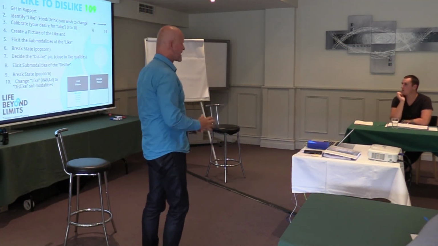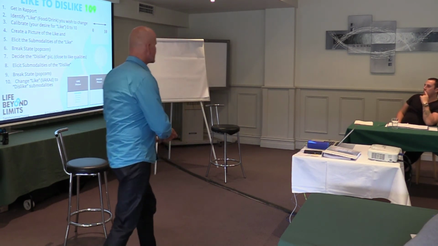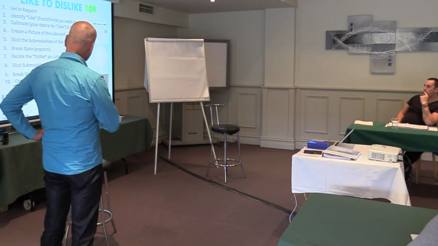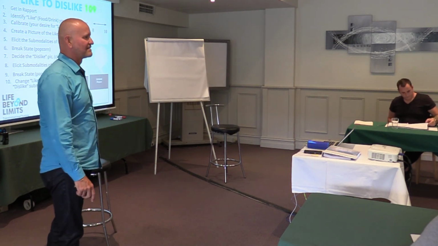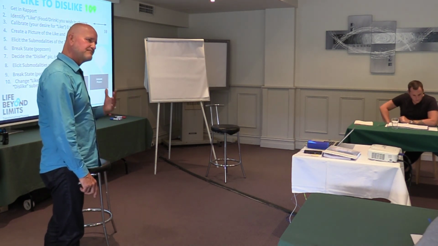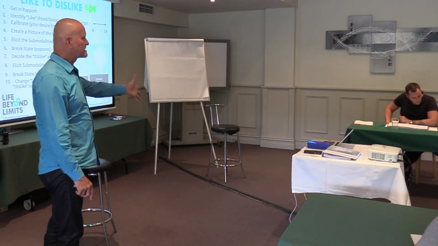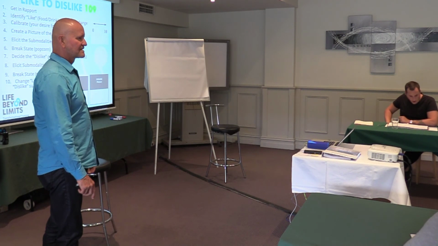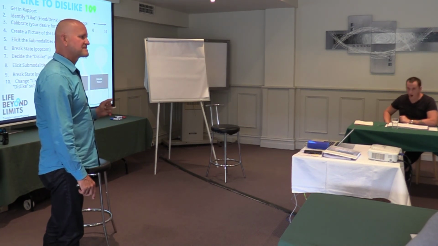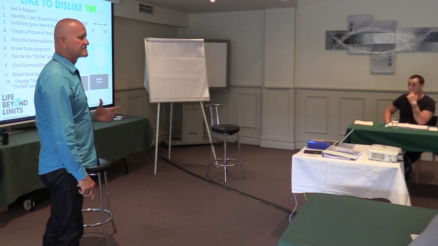That's it. That's all you're wanting to do. You have the picture of the like, but the submodalities of the dislike. That's the outcome. Some people, all they really need to know is what is the final outcome, and they can do this simply. So if you're that person, then you already know how to do this.